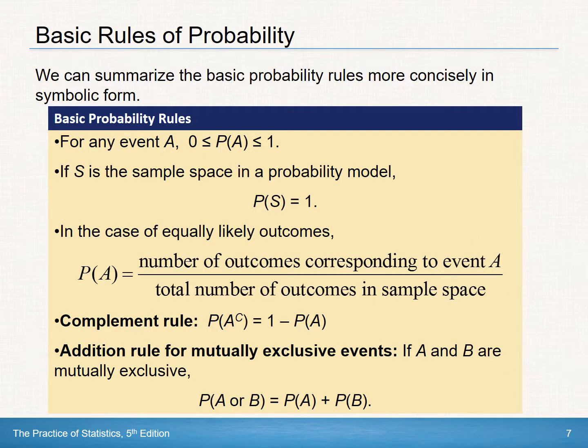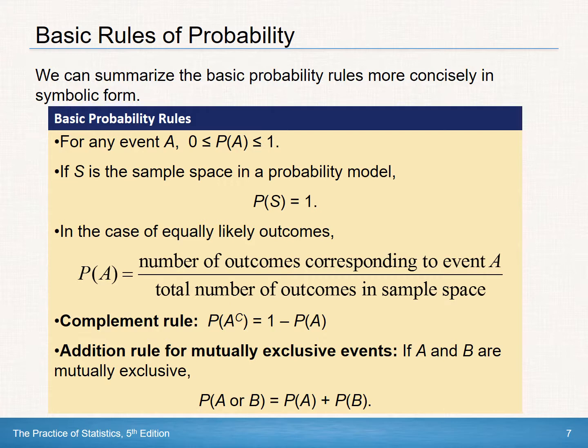So we can summarize the basic probability rules in a simpler form. For any event A, the probability of A has to be between 0 and 1. The probability of S, the whole sample space, is equal to 100%. The third bullet, the probability of A, you know this, is the number of outcomes over the total outcomes.